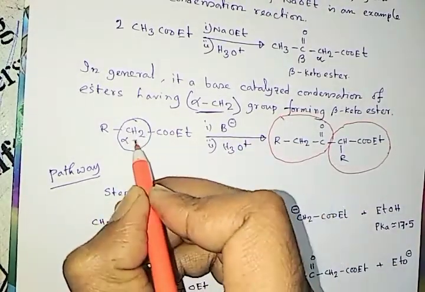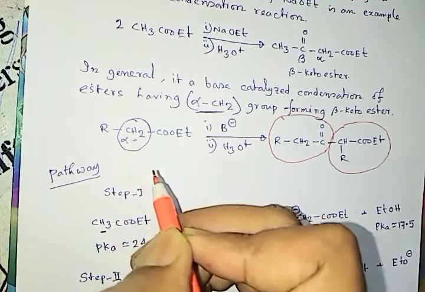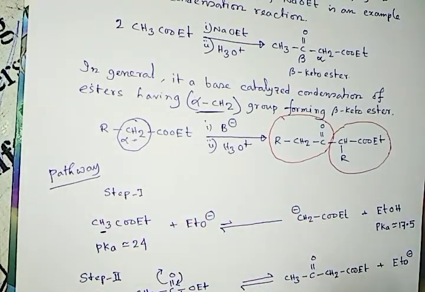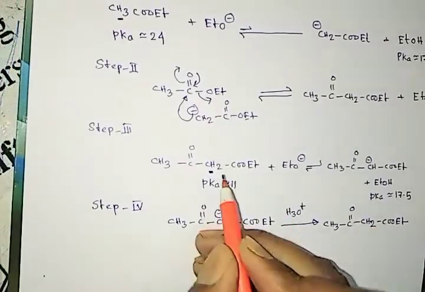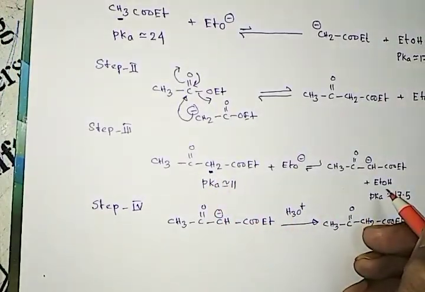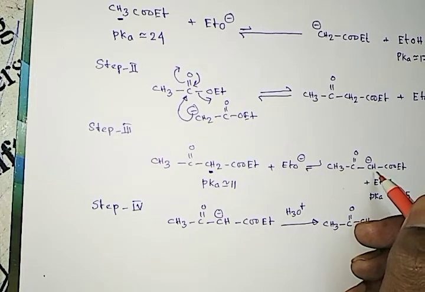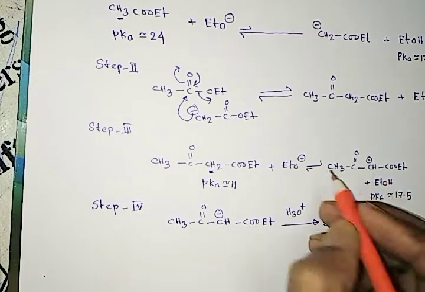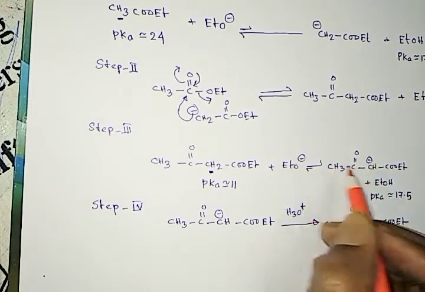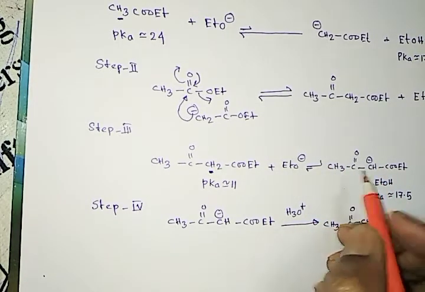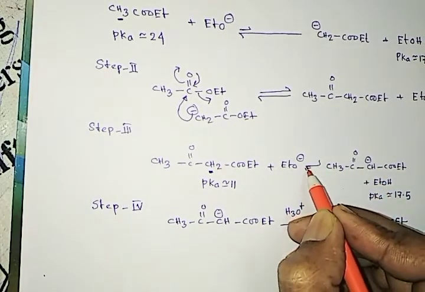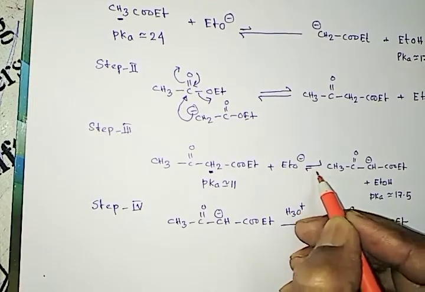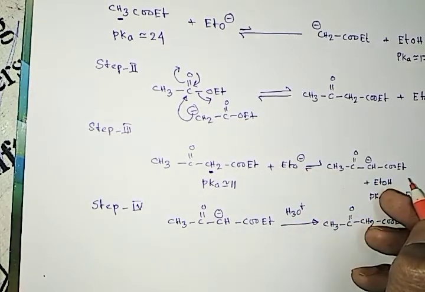Because 1 proton will be utilized for the condensation reaction and the second proton will be utilized in step number 3 to produce the salt, and by producing the salt the reaction becomes successful, as this is the only step where the equilibrium remains on the product side.